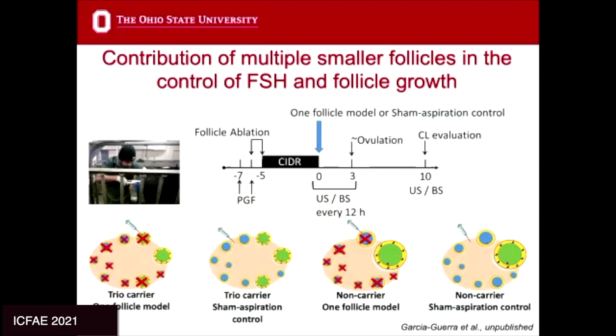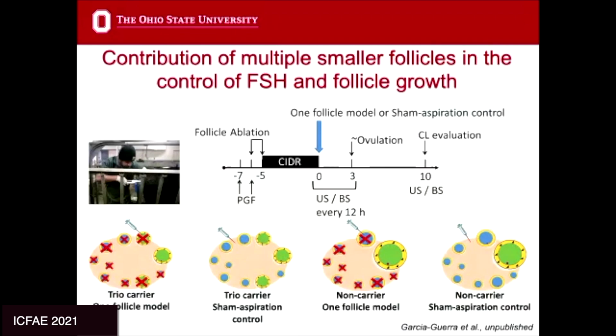So we do it based on size. In the single ovulating animals it was relatively easy because the size difference by that time of the wave is really huge. And in the trio carriers, what we did was take the largest one, assuming that that one was going to be one of the dominant follicles, which is usually, of course, the case.